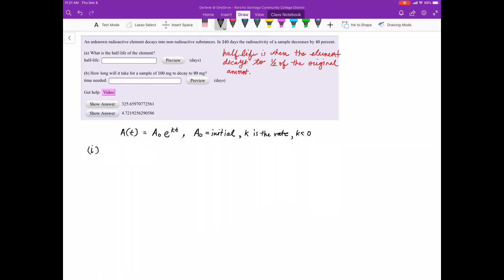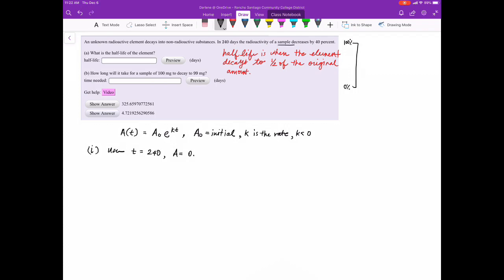So the first thing we're going to do is use the fact that when t is equal to 240 days, the amount has decreased by 40%. Here is 100% of the element, and then here's 0%.